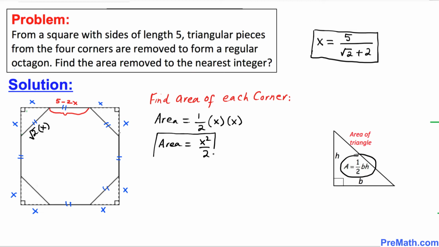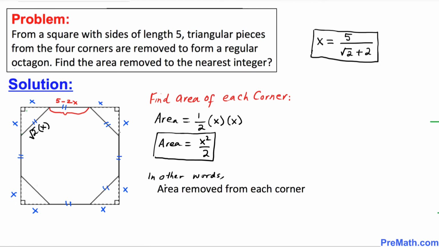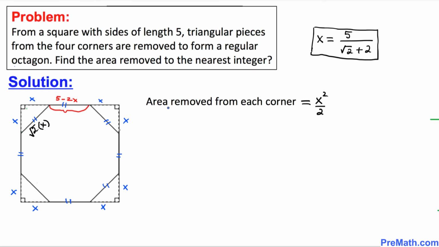Just keep that in mind for each corner. In other words, the area removed from each corner is x squared divided by 2.